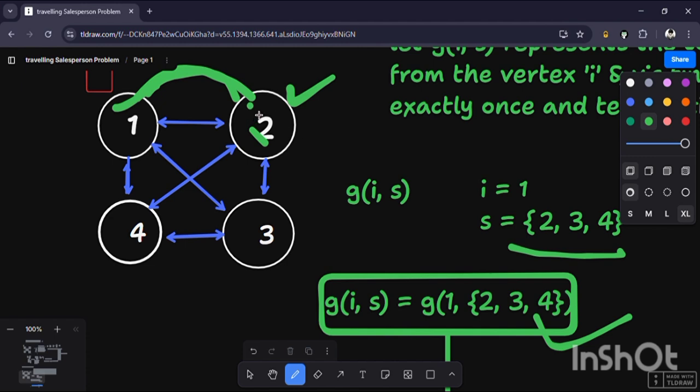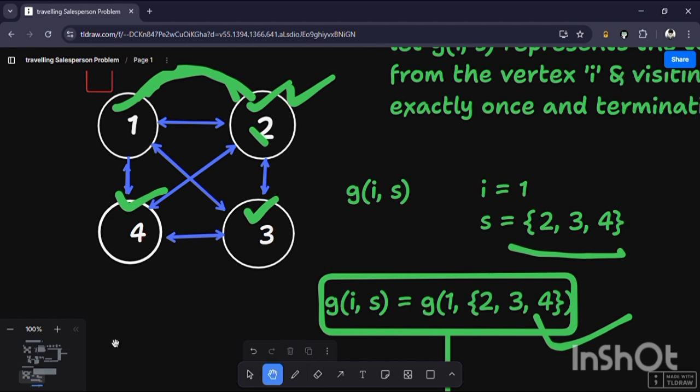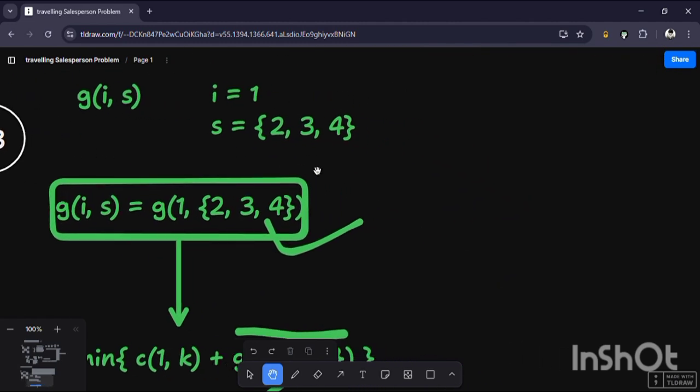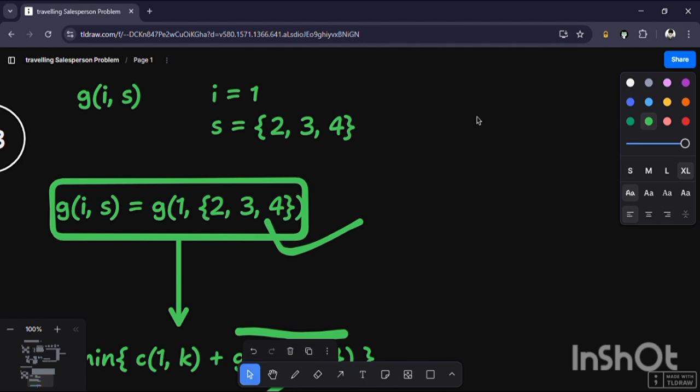Now I have reached 2. How many options do I have? I can go to 3 or I can go to 4, right? So previously when I is equal to 1 it was 2 3 4. Now I have reached 2, so I has become 2, and s has become 3 comma 4, right?